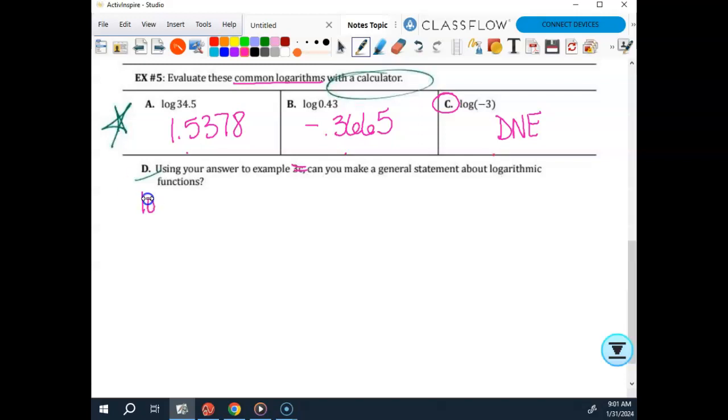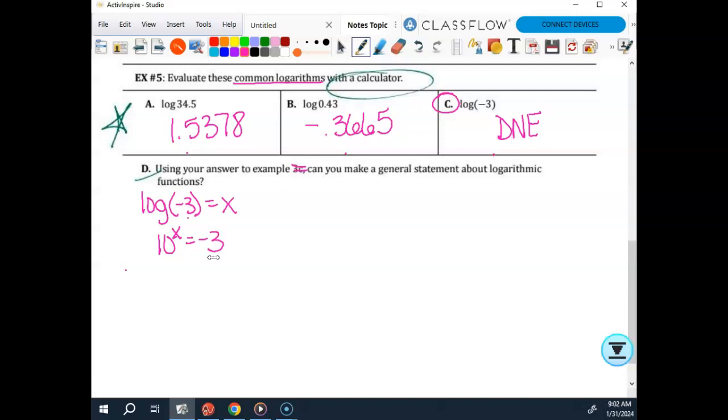If I let log of negative 3 equal x, and I rewrote it as an exponential, my base is 10, so 10 to the x power equals negative 3. Is there an exponent that exists that I can take 10 to that will give me a negative answer? No, there's not, and that's why the answer doesn't exist. That's why you can't take the log of negative numbers, because that would be your answer from the exponential, and it's just not going to work out for you.